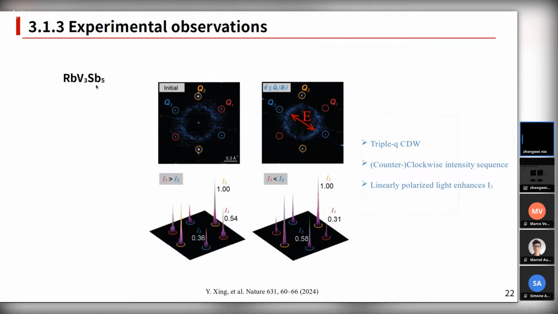In another material, RbV3Sb5, the authors used linearly polarized light to illuminate the sample, and they could see that the single Q order is either weakened or enhanced. By this means, the chirality can be switched. I think there may be a similar mechanism as that in TiSe2.